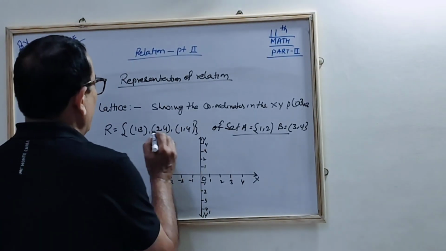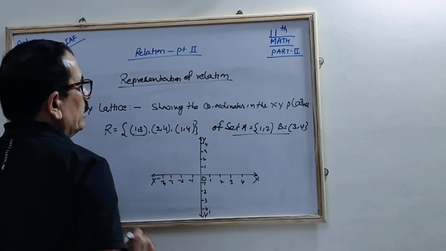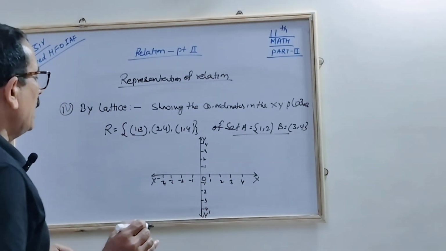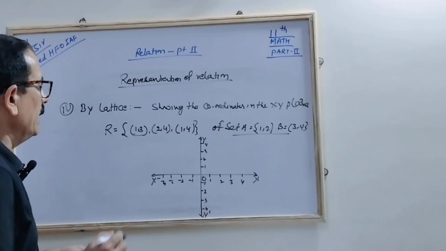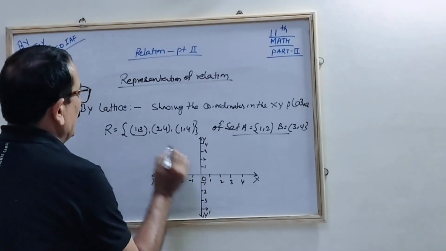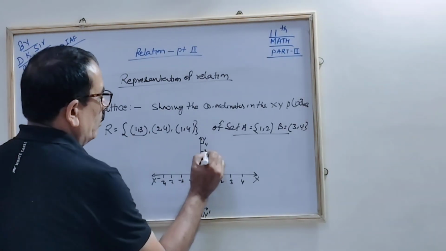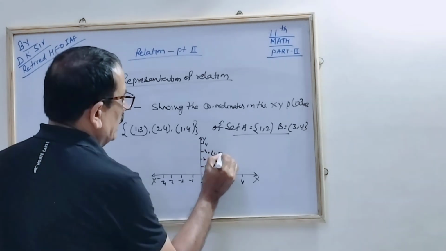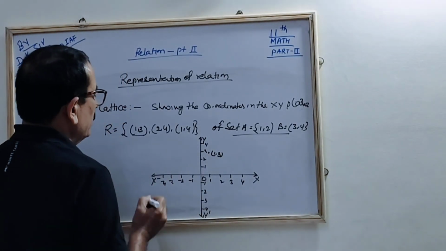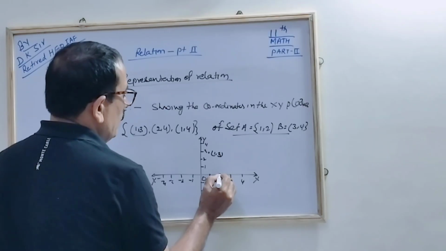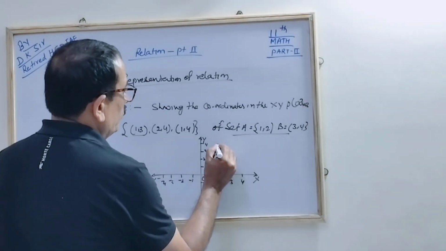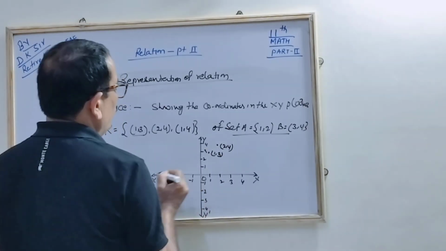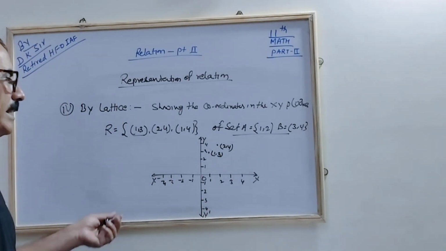So here you can find it is 1, 4. The 1 is called the x coordinate, the abscissa, and the next goes to the y. This becomes 1, 3. The next is 2 and 4. We will go to the 2 and then to the 4. Remember, this is like a coordinate.